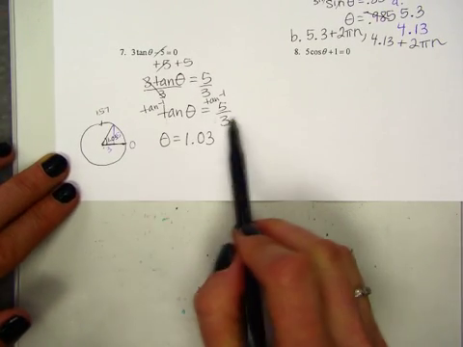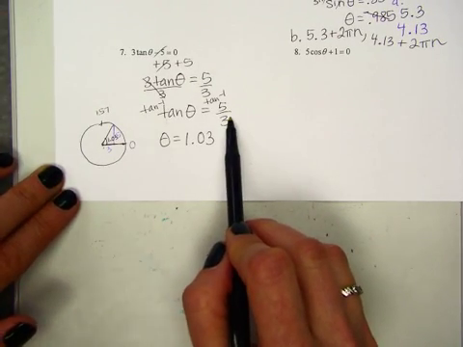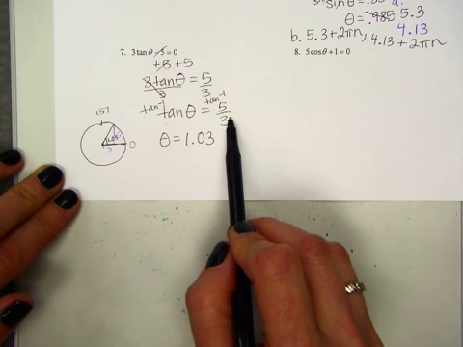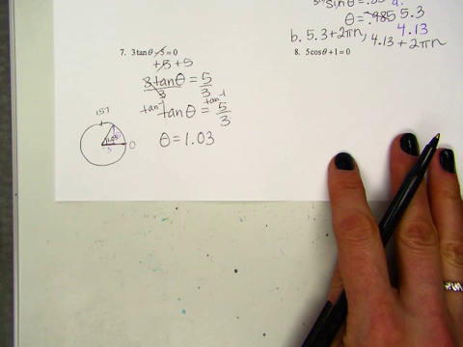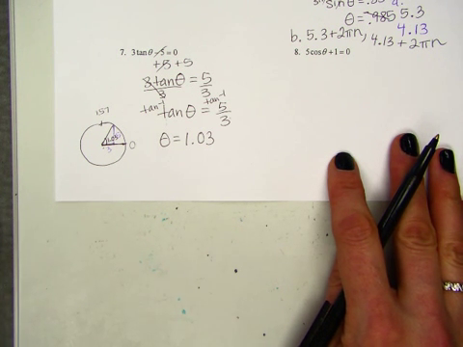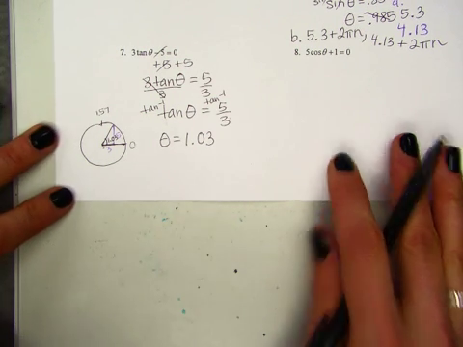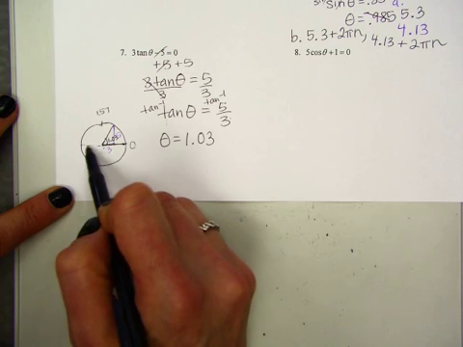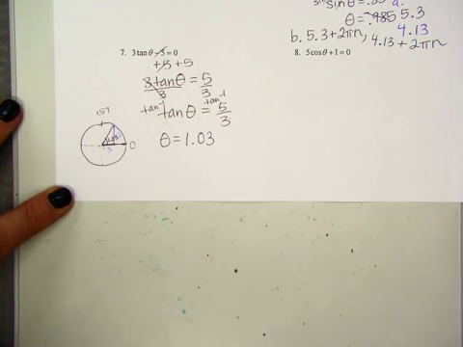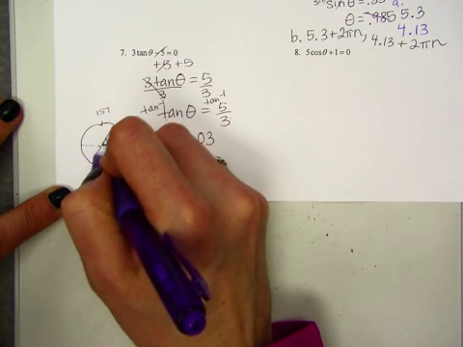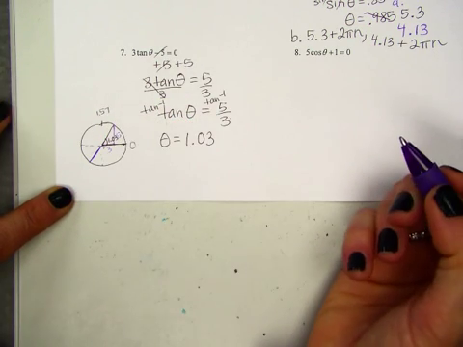Now, this tangent, though, is positive, and there's only one other quadrant where the tangent is positive. Okay, here we got a positive divided by a positive. Decide with the people around you, where's the other quadrant where the tangent is positive? And it is this quadrant, the third quadrant, okay, over here in this area. And our angle would be directly across, a half turn actually, from our other one.